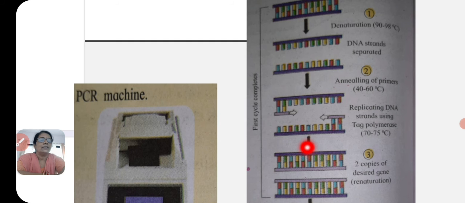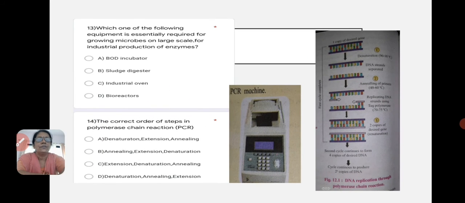These are the different steps in the PCR technique. So your answer should be denaturation, annealing, and the extension. So option D is the correct one.